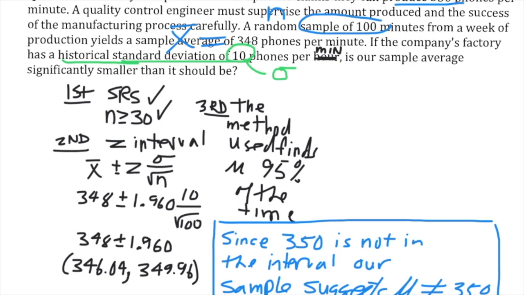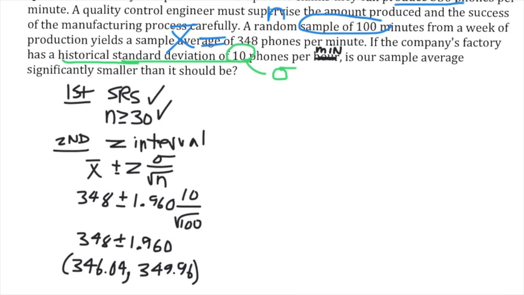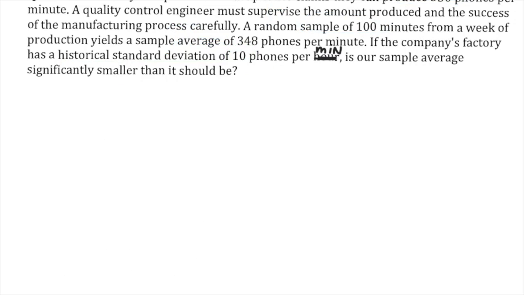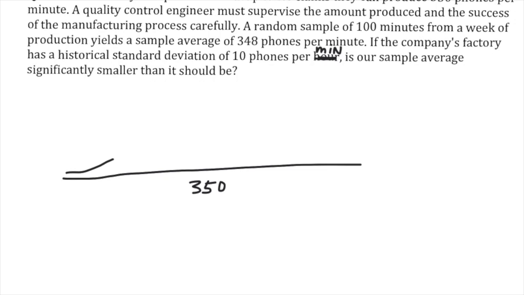So let's actually take a look at another way to solve the same question, and we'll do that with the central limit theorem. So if you're analyzing this with the central limit theorem, if we're told that the true average is supposed to be 350, we want to know how rare could it be that our sample drifts to 348 or even worse.